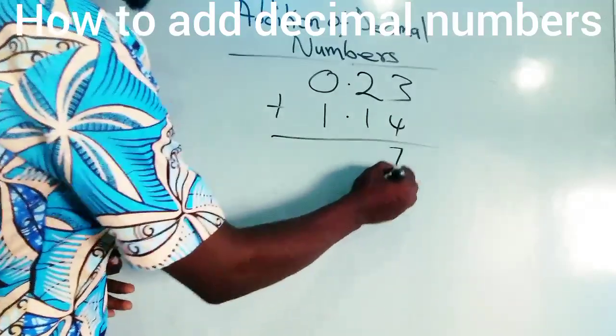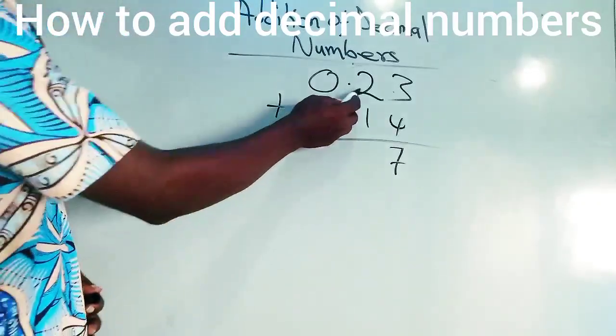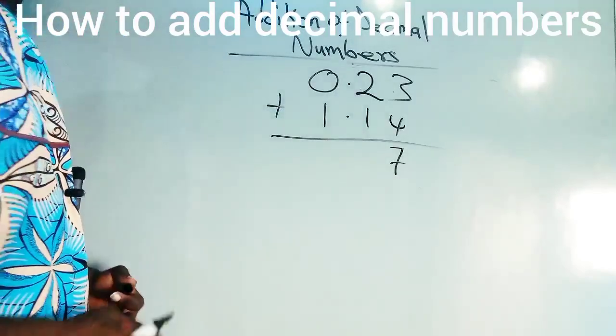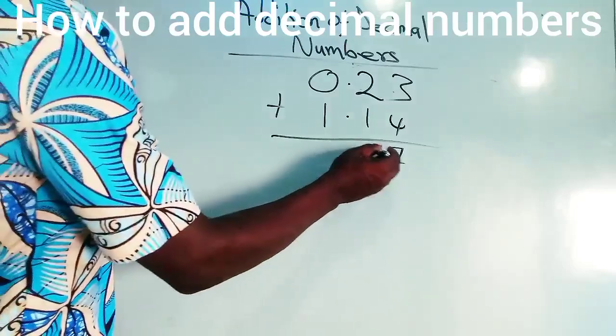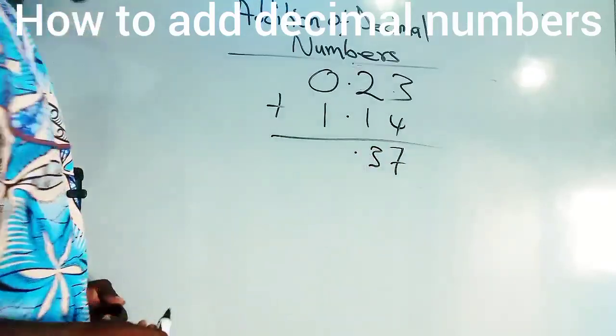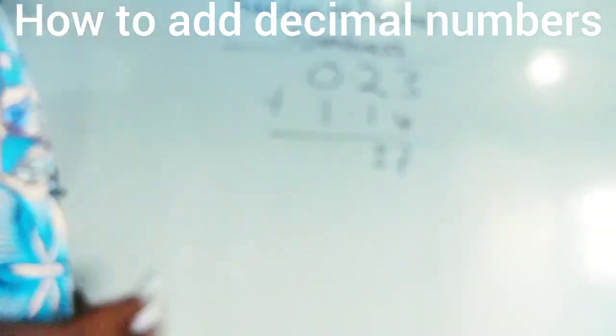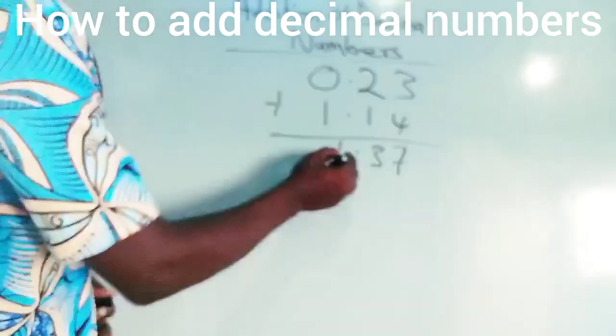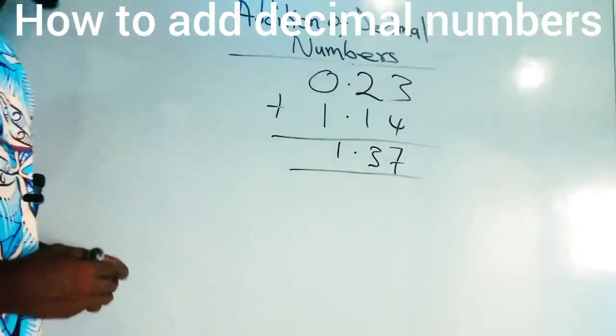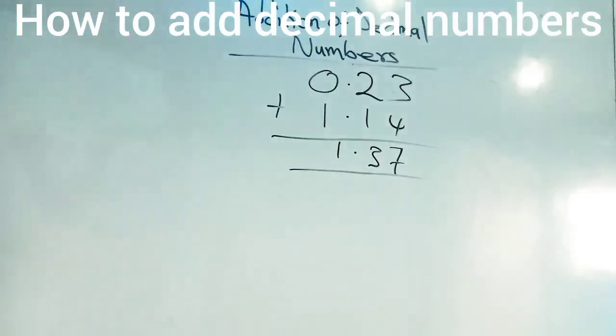So you write 7 beneath them. 2 plus 1 should give you 3. So 2 plus 1 is 3. You write 3. Then you bring the decimal point. 0 plus 1 will give you 1. So you have your 1 here. This is the answer to your first decimal question, how to add decimal numbers.